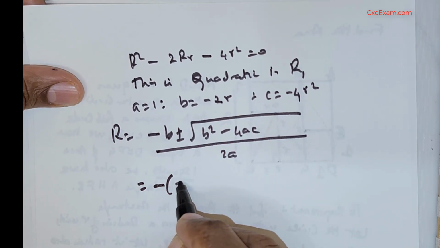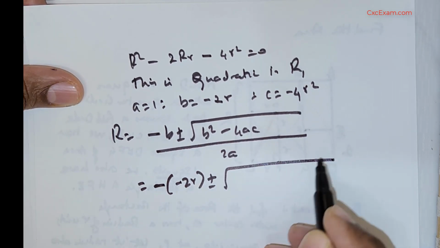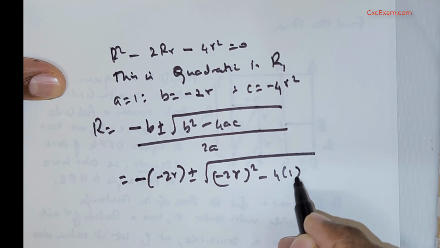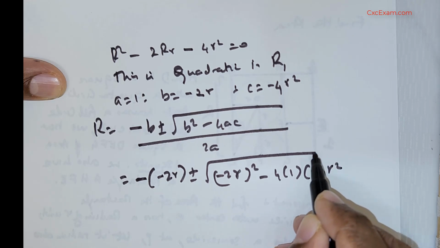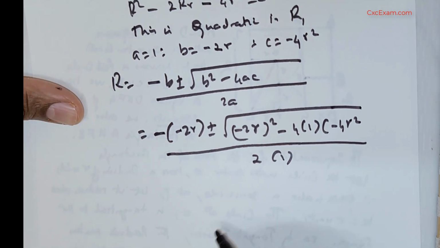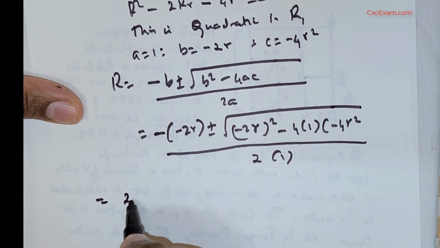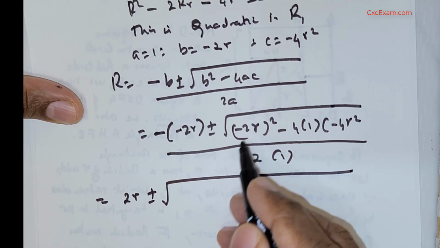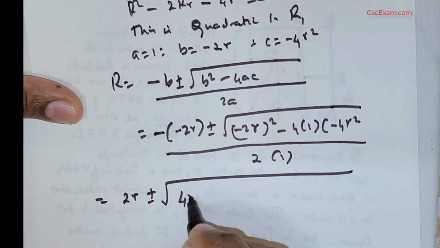So which is negative of negative 2r plus or minus root of negative 2r squared minus 4 times a times c, which is negative 4r squared, divided by 2 times a. Okay, so this is equal to 2r plus or minus root of negative 2r squared, that's 4 times r squared.